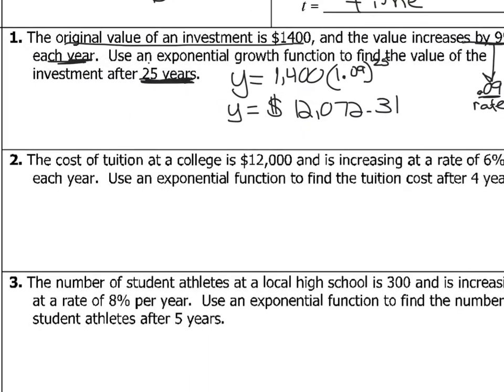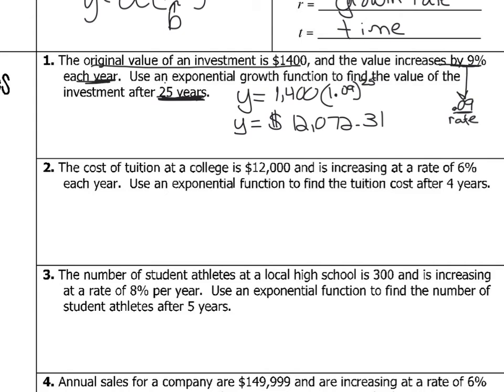All right. Let's look at the next one. The cost of tuition at college is $12,000, and is increasing at a rate of 6% each year. Using the function, find the tuition cost after 4 years.